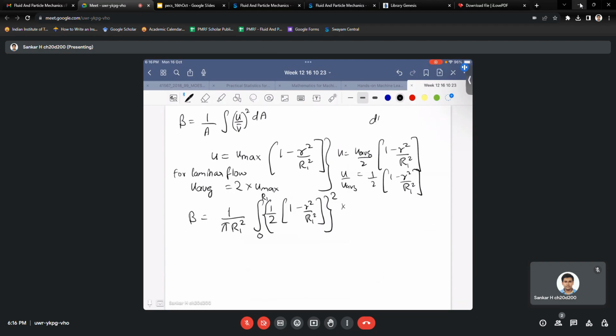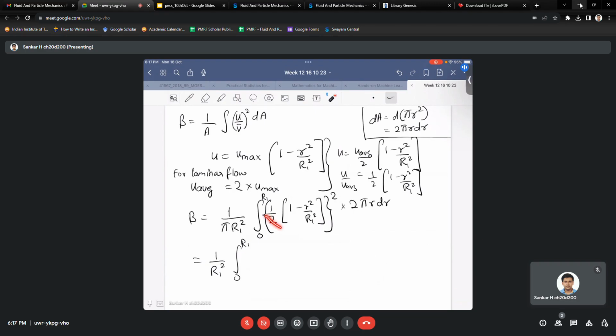So dA is the differential area, which is basically the differential of pi times r square. Here r is any radial location along the duct. This means that we can write dA as 2 pi r dr. So if we substitute for dA as 2 pi r dr, we just need to rearrange it a little bit and find out the value over here. So we can write that as 1 by r1 square integral 0 to r1.